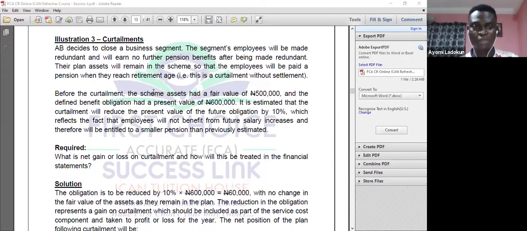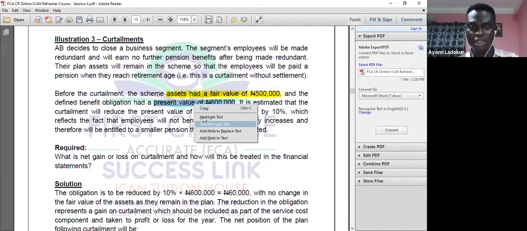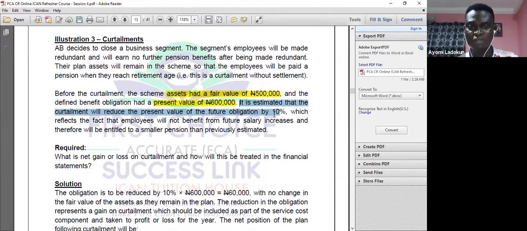So he said, before the curtailment, the plan assets, can you see, had a fair value of 500,000 and the defined benefit obligation, that's the plan liability, has a present value of 600. It's now estimated that the present value of future obligation will be scaled down by 10%.